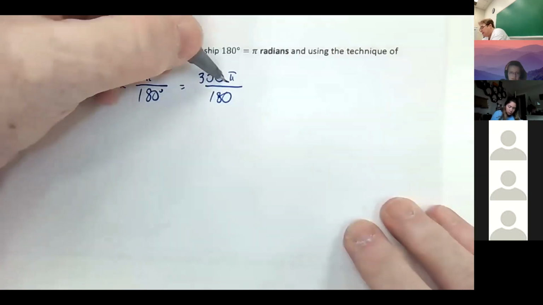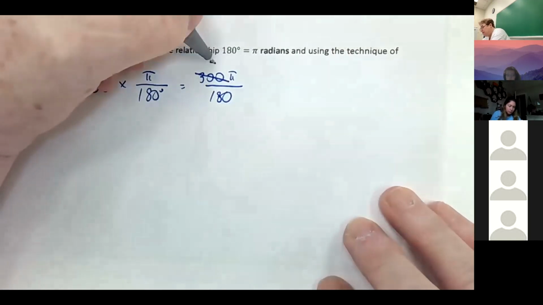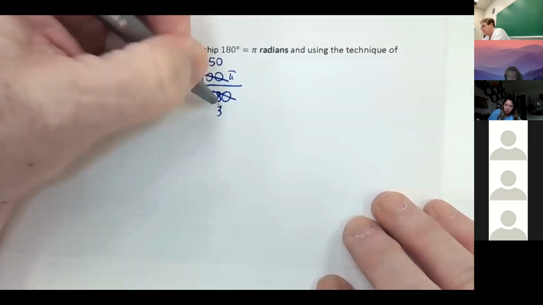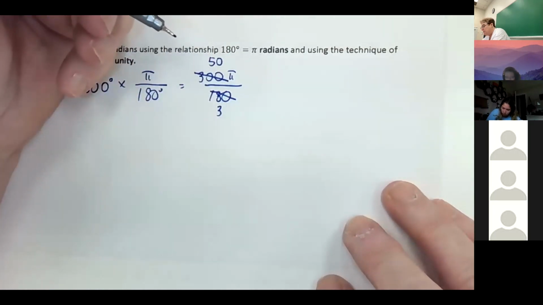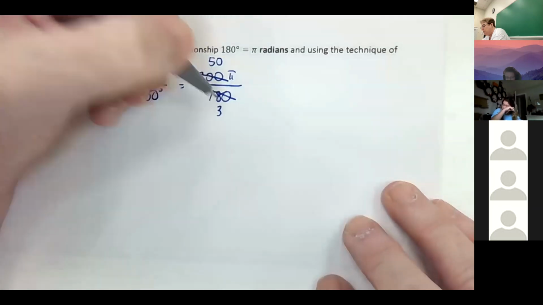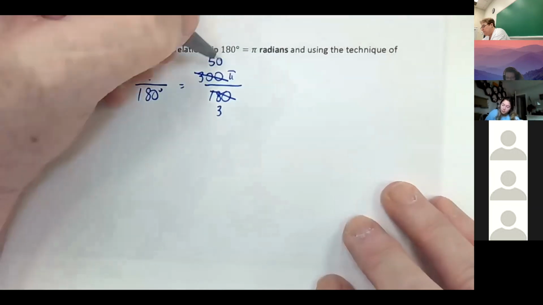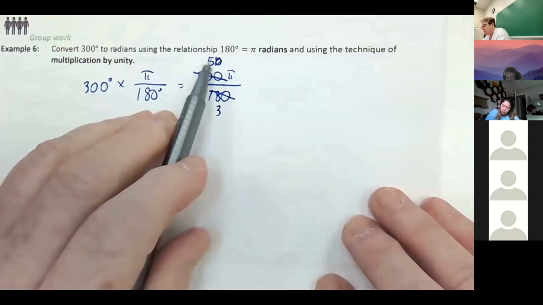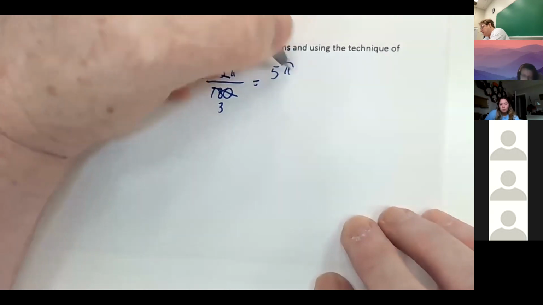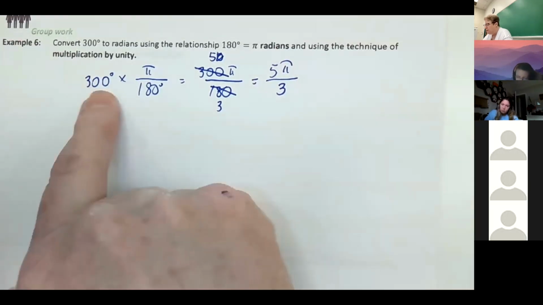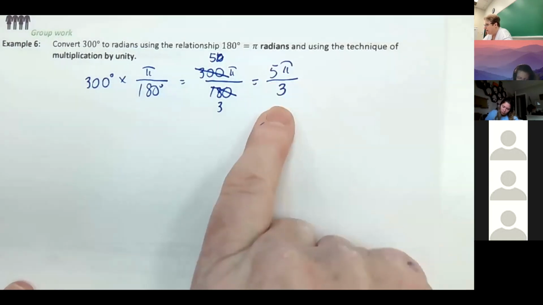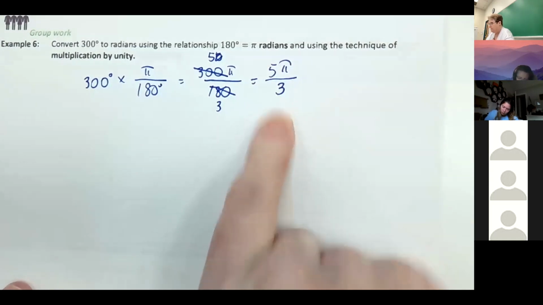Okay. 6 goes into 30 5 times. So it's 5 over 3, is that right? 5 pi over 3. So 300 degrees is exactly the same as 5 pi over 3 radians.